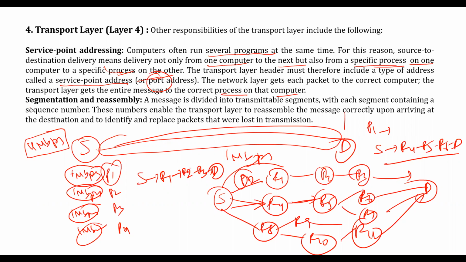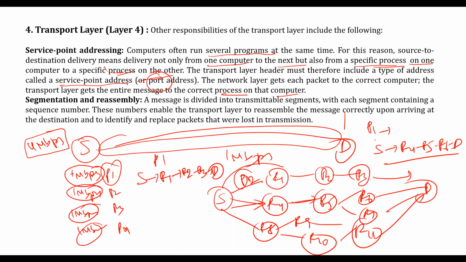Packet 1 is following the path source, router 4, router 5, router 6, router 7, destination. And packet 2 following source, router 1, router 2, router 3, destination.